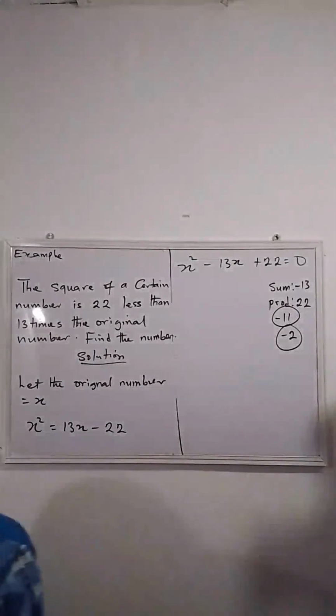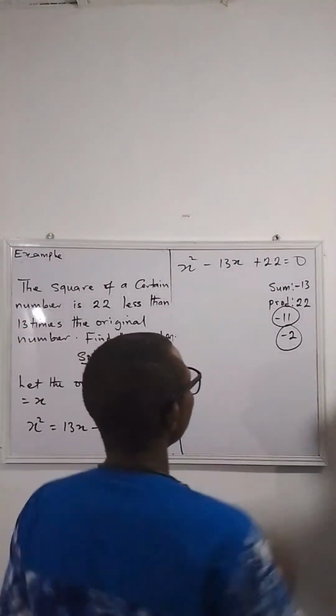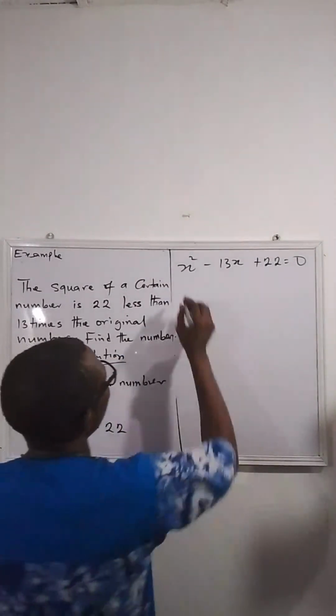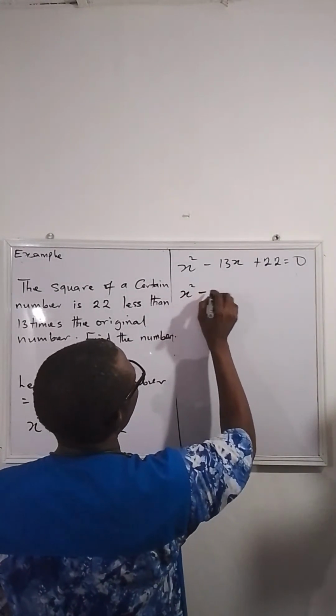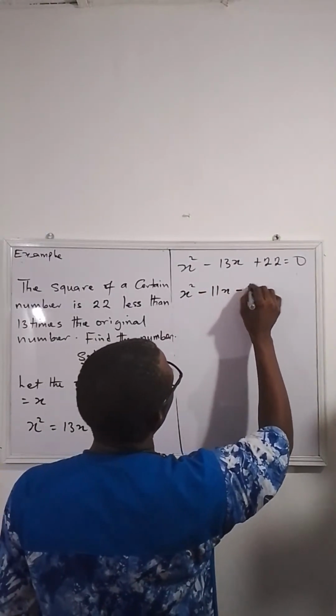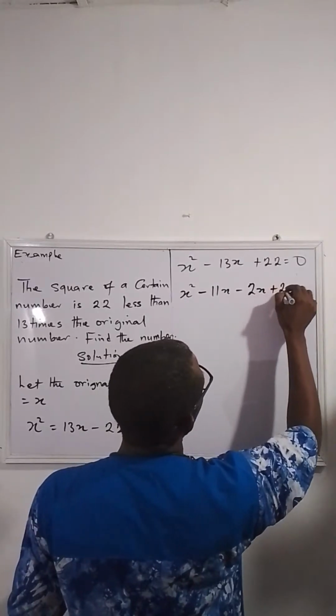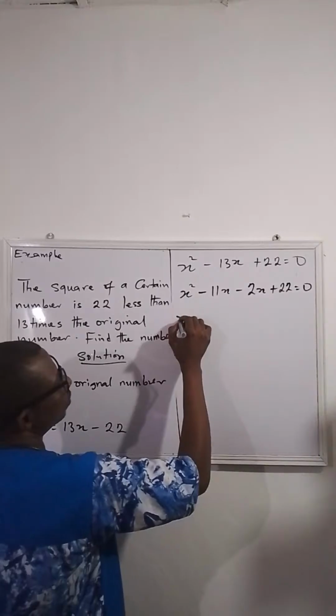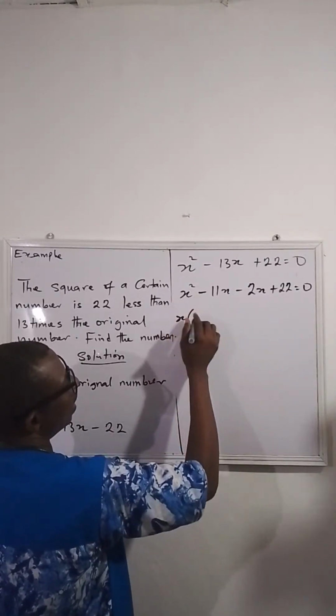So that is that. Now this equation turns to x squared minus 11x minus 2x plus 22 equals 0. All right, the common factor here is what? x. So you divide this by x, you have x.